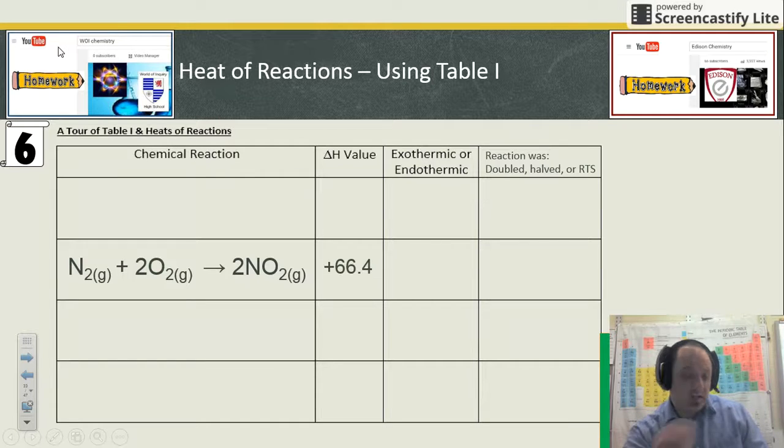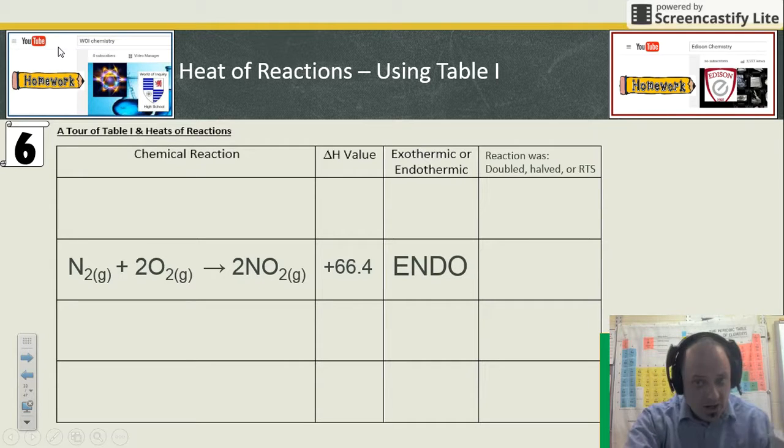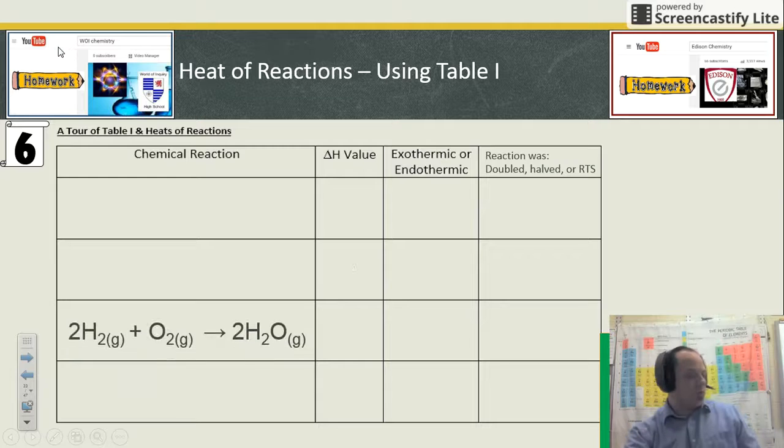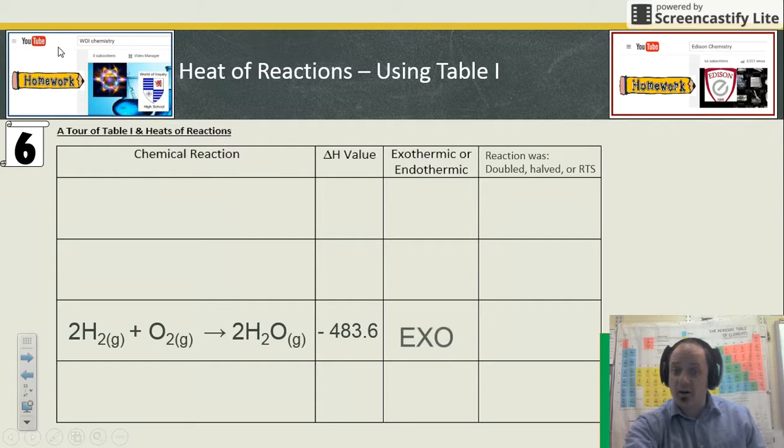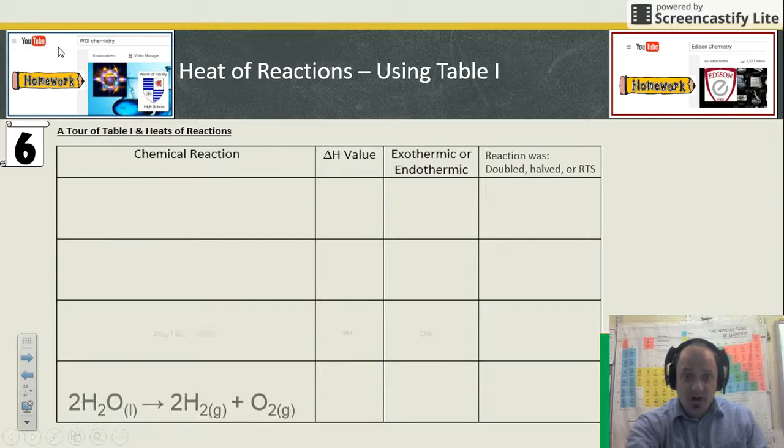It's positive 66.4, so that absorbs heat, that particular reaction. That means it's endothermic. And again, I didn't change the reaction here. This next one, 2 hydrogen gases plus oxygen gas makes 2 H2O gas. Yep, it's right there. Negative 483.6, exothermic. Again, I left this reaction the same.